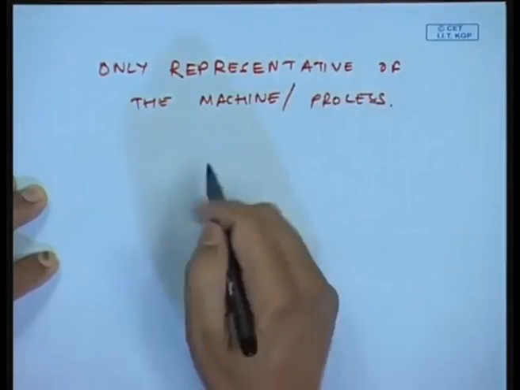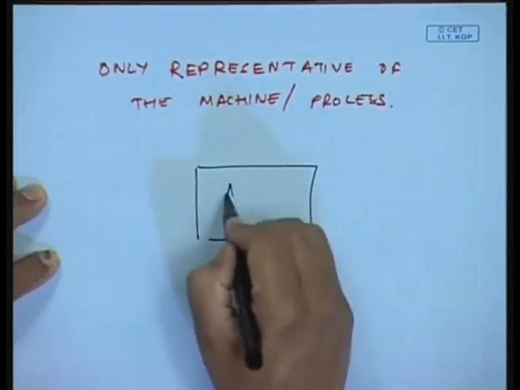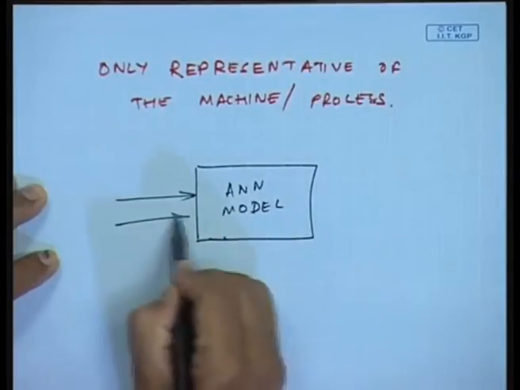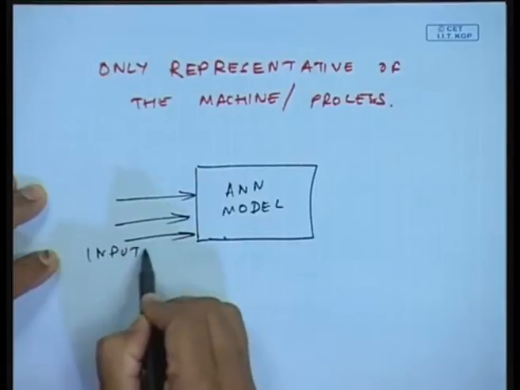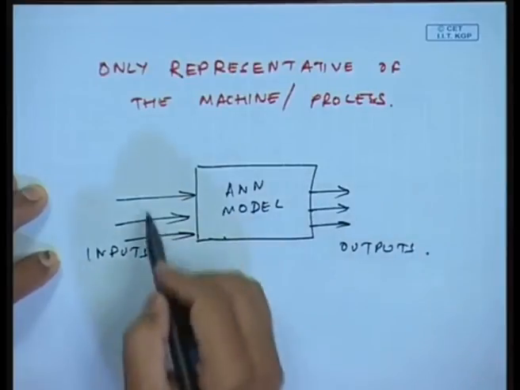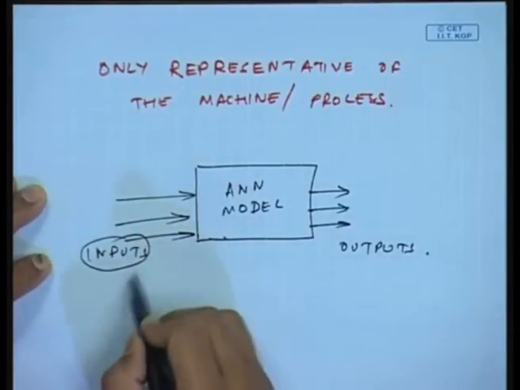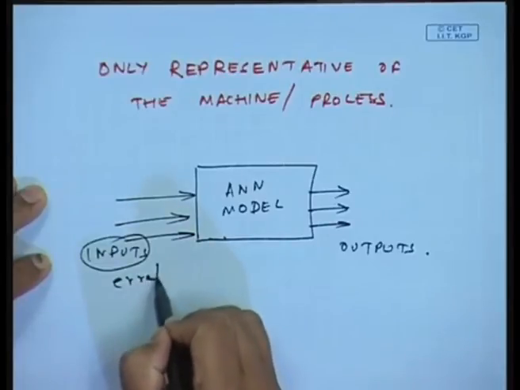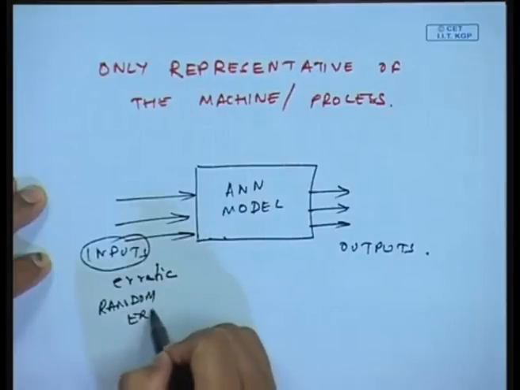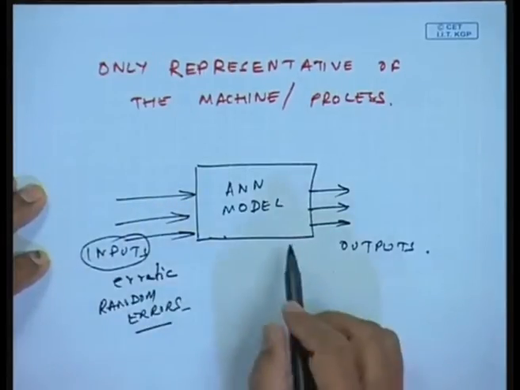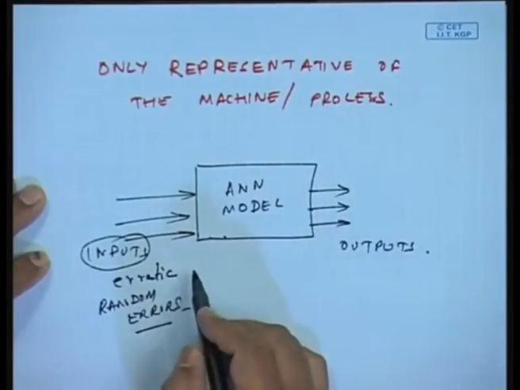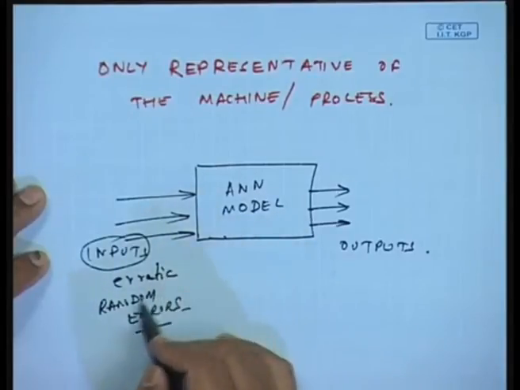Because as I was telling you, in an ANN model, if certain levels of inputs are given and I obtain an output, if certain inputs are very erratic, having a lot of random errors, I would not say that the ANN model will not be able to predict the output correctly, but I would like to have a robust model which would eliminate certain random errors.